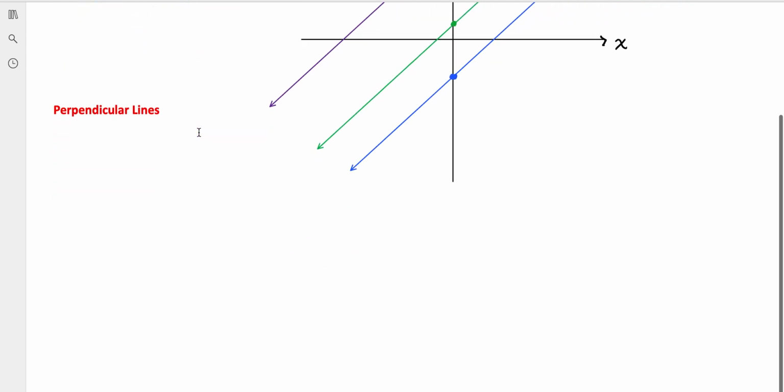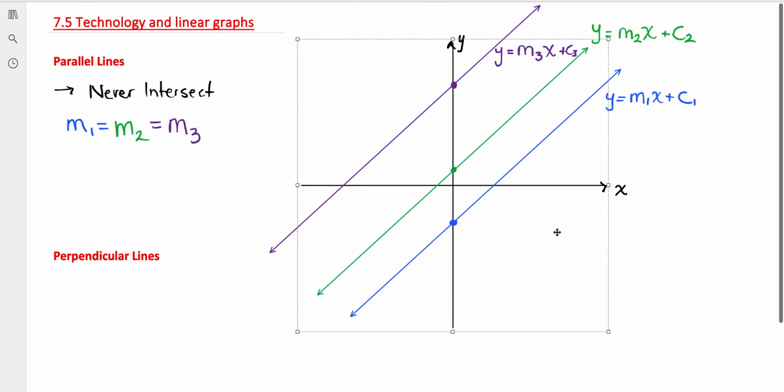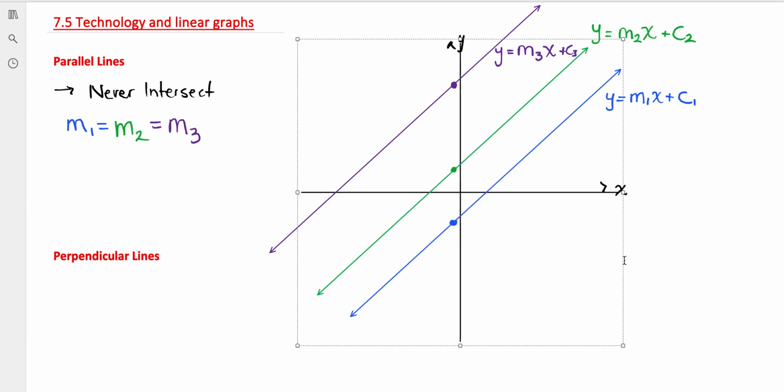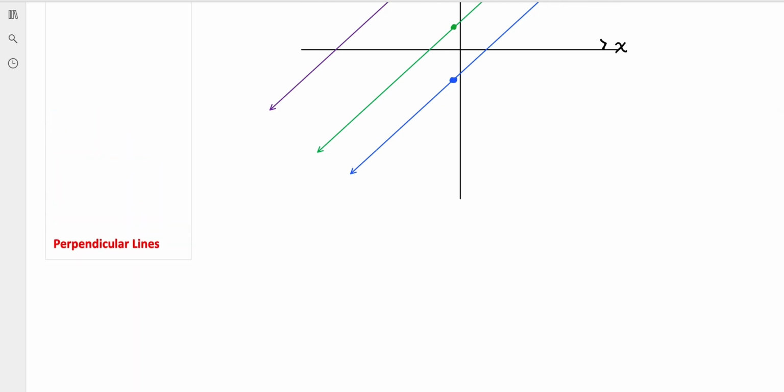Now, if we talk about perpendicular lines, I'm going to delete this. Should I make it smaller? Let's make it smaller. Oh, no, that didn't work. Okay, I'm going to bring this down. So perpendicular lines, they do intersect, but they intersect at a very important angle, a characteristic angle.